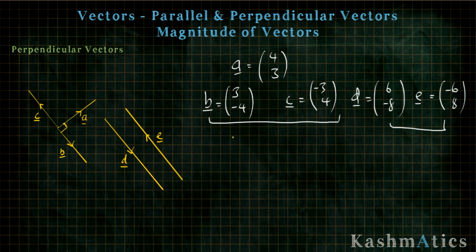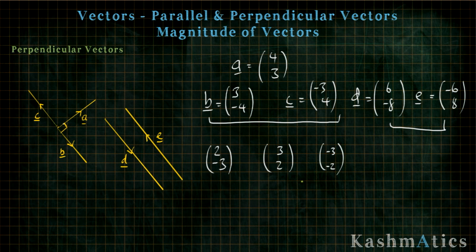Let me do another example. Imagine I had something like (2, -3). That's the original vector. If I want to write two perpendicular vectors, the first thing I do is flip the vector over. And then I change the sign of one of the components. So this -3 I could change into a positive 3, or I could choose to make the 2 a -2.